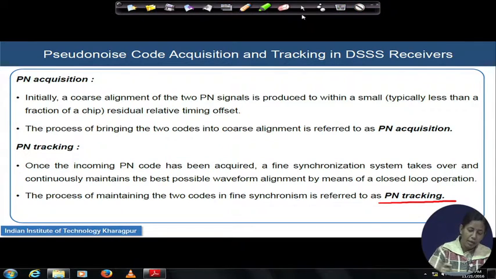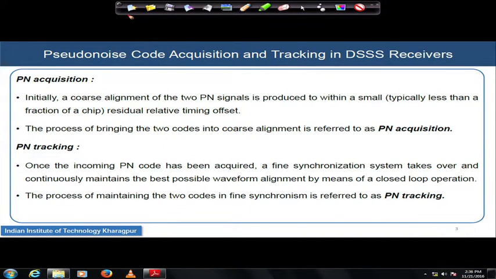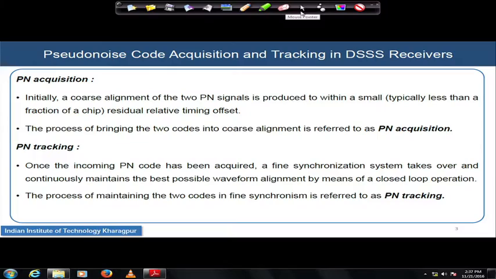So, this was a recap about synchronization, brushing up the fundamentals, and understanding once again the basic difference between PN acquisition and PN tracking, their interdependency, and the range of the error that we are trying to correct in acquisition and in tracking.